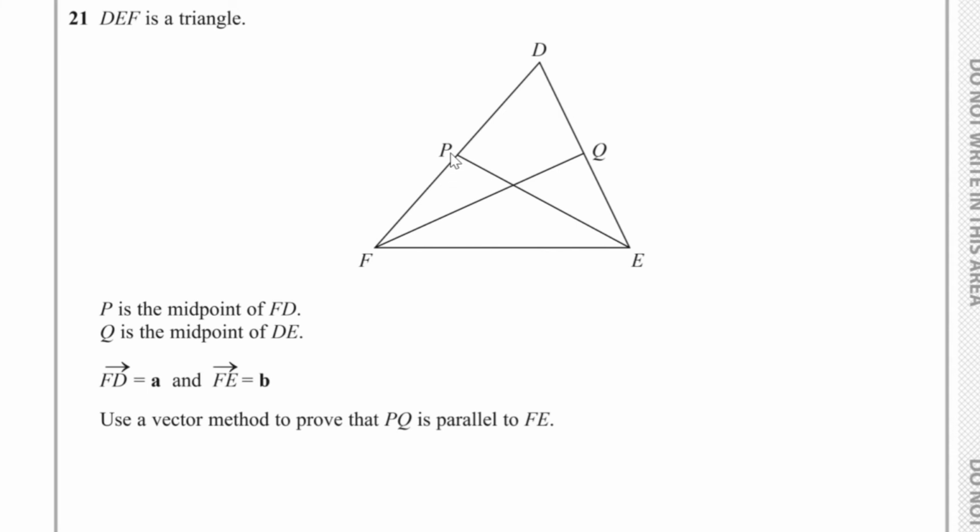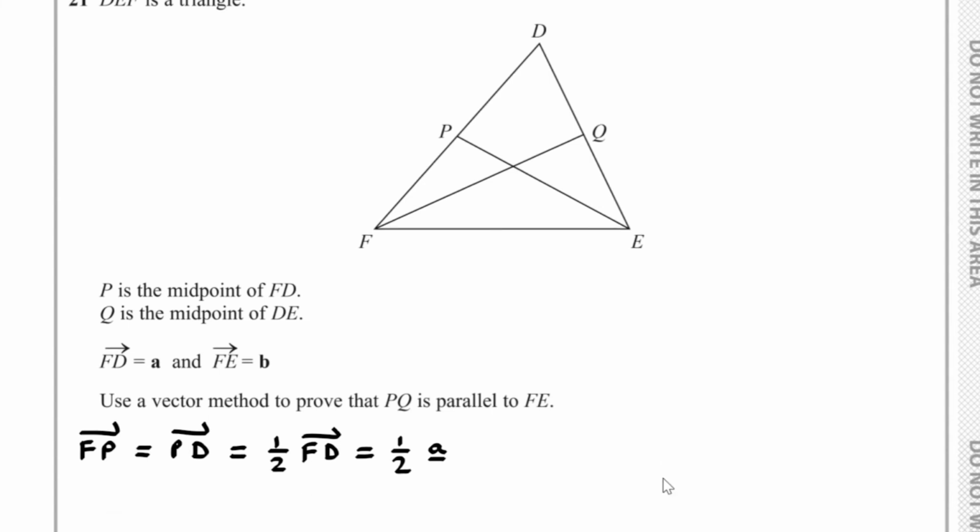Well, if P is the midpoint of FD, that means FP is equal to PD, which is equal to 1/2 FD, which is equal to 1/2 of the vector A.